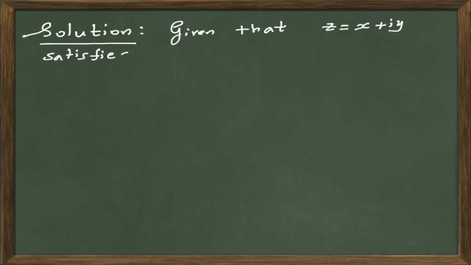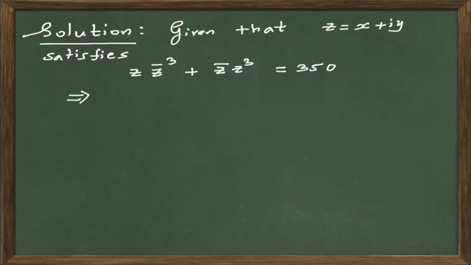We are given that z equal to x plus iy satisfies the equation z times z bar cubed plus z bar times z cubed is equal to 350.